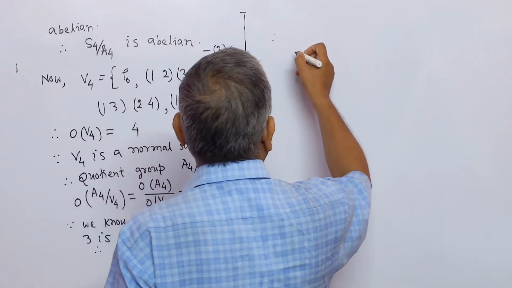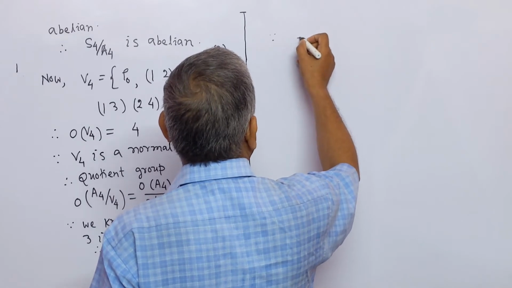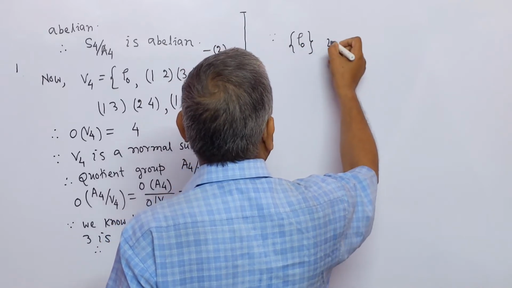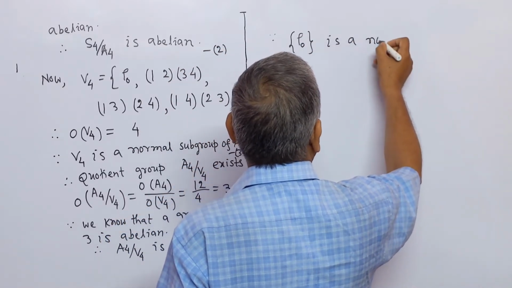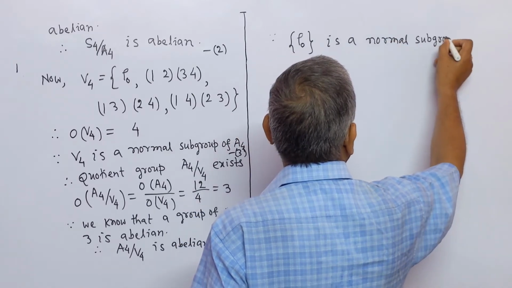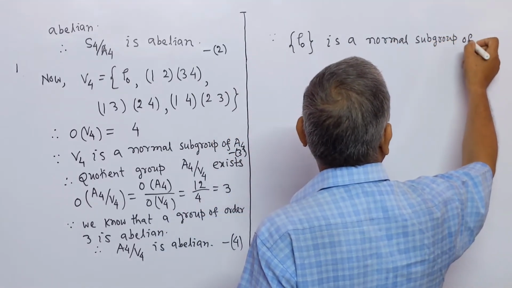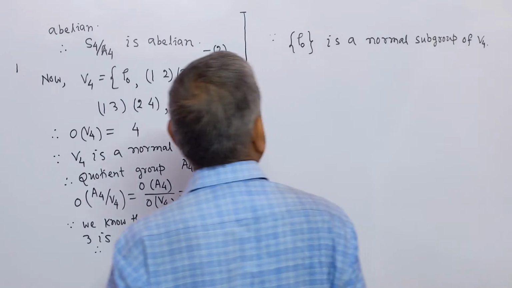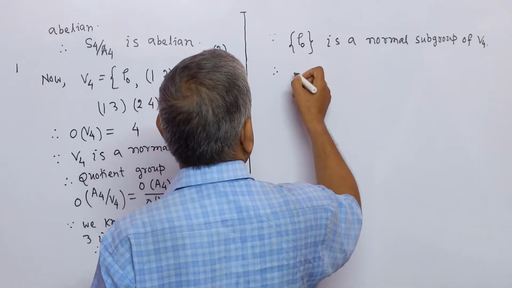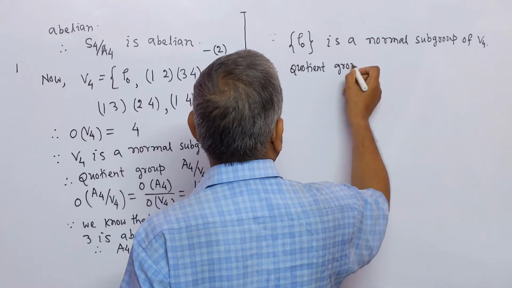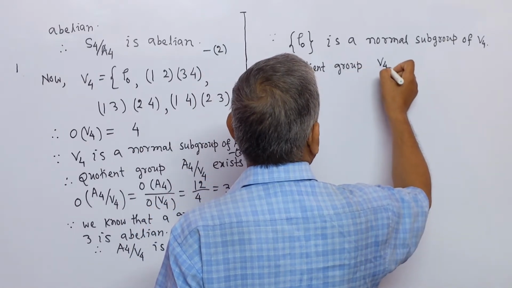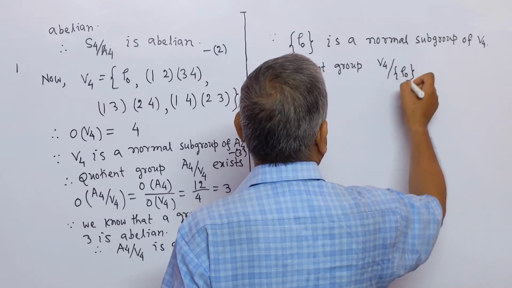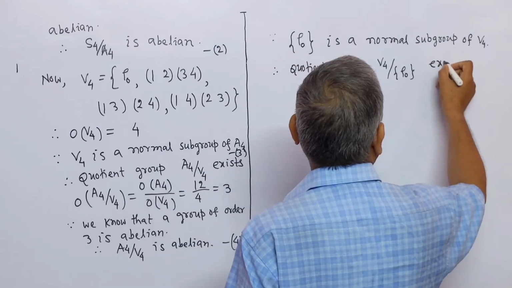Since the set containing only the identity permutation is a normal subgroup of V4, therefore the quotient group V4 by the set containing the identity permutation exists.